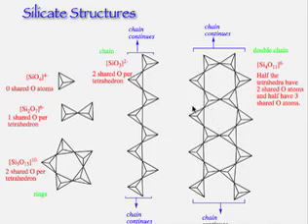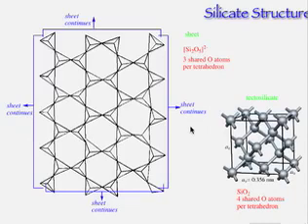We can continue. If you imagine sharing additional oxygens here, we can have a sheet silicate. So sheet silicates consist of sheets of silica tetrahedra where we have 1 unshared oxygen and 3 shared oxygens in a plane.